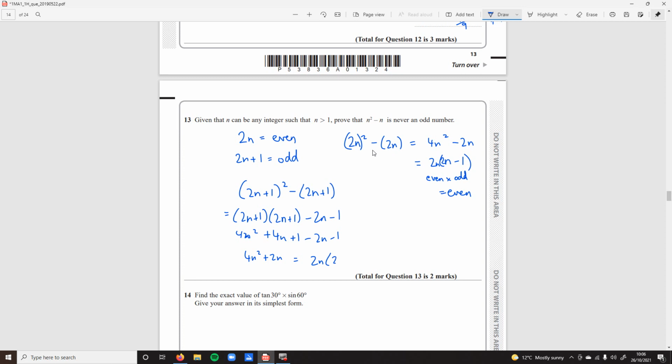So we have 2n plus 1, which again is even, times odd, which is even. Okay, I hope that's proven it.